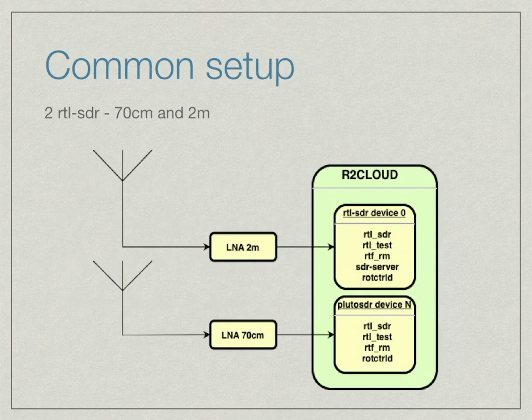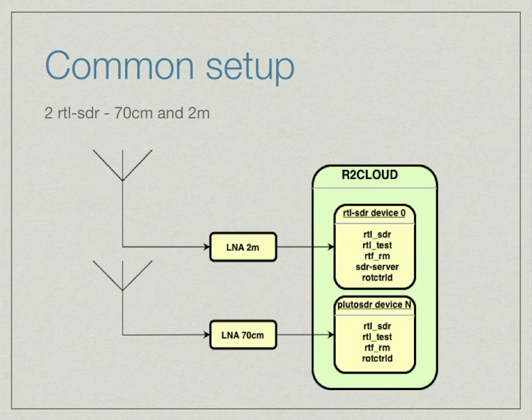Right. And this is an example of a common setup which you might see. We have two antennas, one for 2 meters and one for 70 centimeters, and we have two parallel LNAs and two parallel SDR devices. It might be Pluto plus RTL-SDR, or two RTL-SDRs. It doesn't matter. They are managed by a single station.